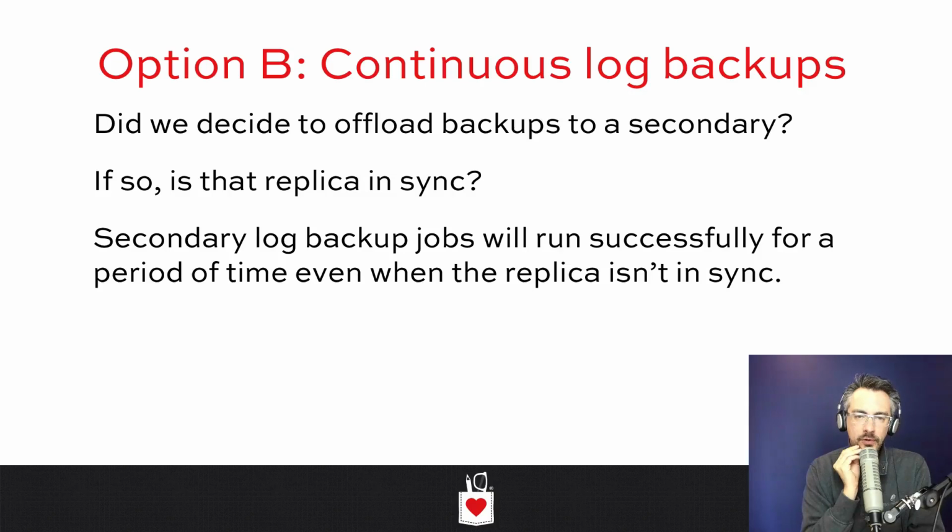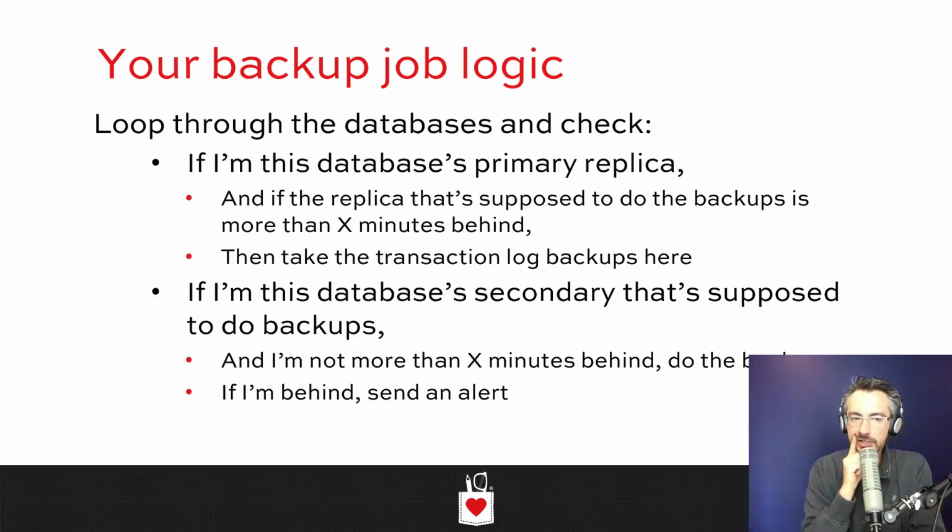If you offloaded your backups to a secondary, here's what that needs to do. First, ask, am I the primary replica? If so, is the replica that's supposed to do the backups more than a certain number of minutes behind? Like what happens if my replicas get out of sync? They're backing up out of sync data.